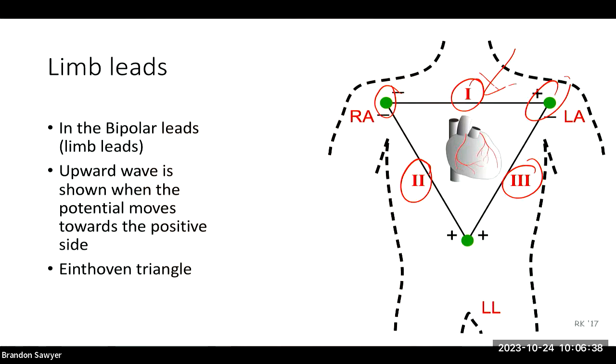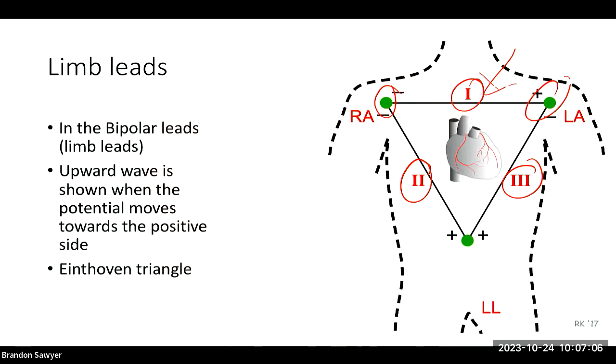If we have electrical activity being greater towards the positive side, then that's going to make a wave going upwards. When we have electrical activity going the other direction, from positive to negative, then that creates that negatively pointed wave.